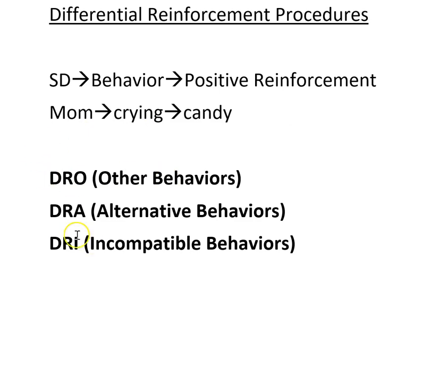Okay, so how about DRA? So DRA is that you're choosing another behavior that you know that the child is capable of doing, and you're reinforcing it, but you're not reinforcing the crying. Okay, so we use this also for teaching new behaviors or for replacement behaviors, which means you are going to ignore the crying, and once the kid asks you nicely for candy, then you're going to give him candy.